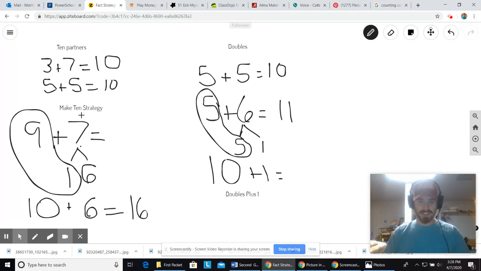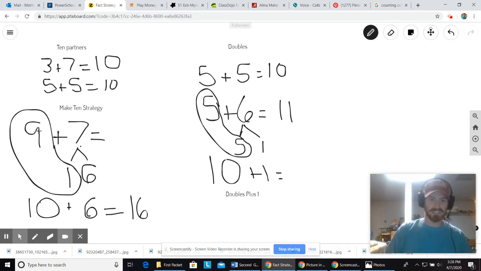And my favorite strategy to use is the make 10 strategy right here. If I get 9 plus 7, first of all, I can do this with 9. I can break apart 9 to make the 7 to 10, or I can break apart the 7 to make the 9 to 10. It's up to your child, whichever one works best for them. I just like breaking apart the number that's farther away from 10.